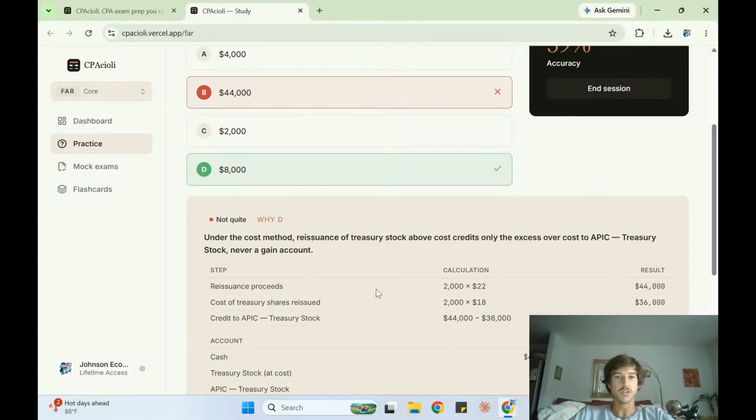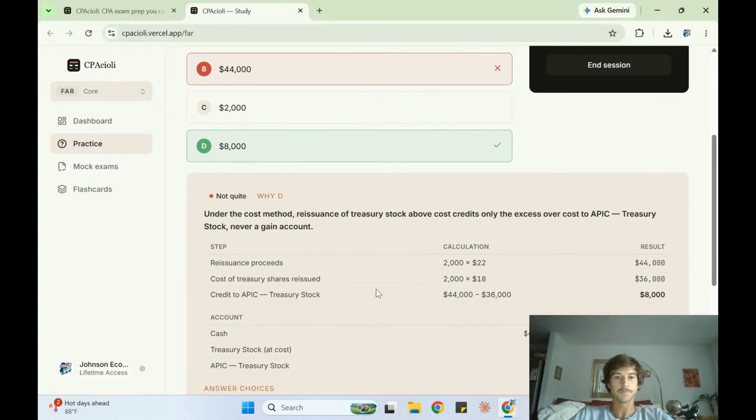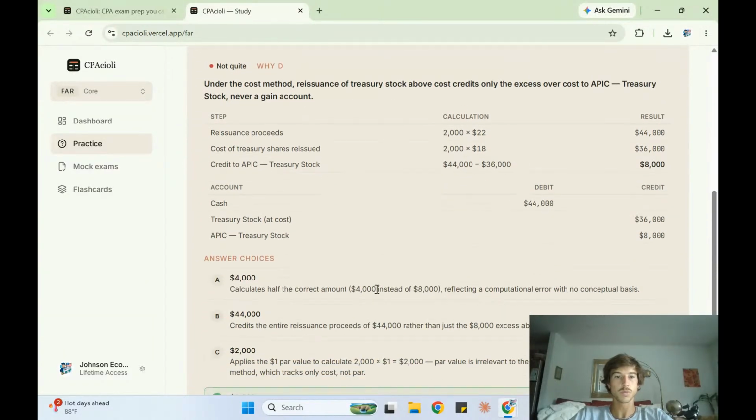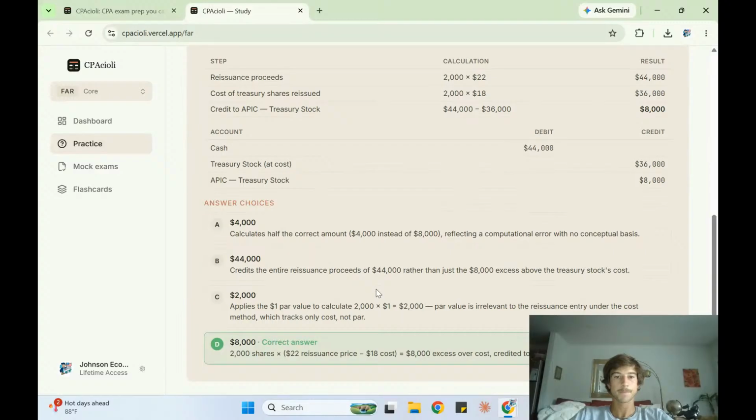Cost of treasury shares reissued. 36. Okay. So it's the 2,000 shares times the discrepancy of the $4, or the $4 per share times 2,000 shares, $8,000 excess over cost.